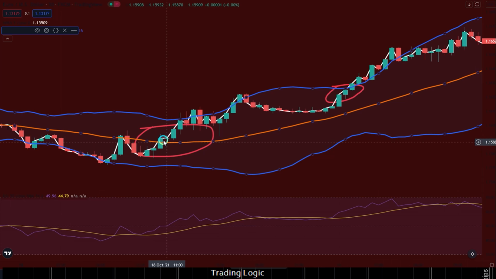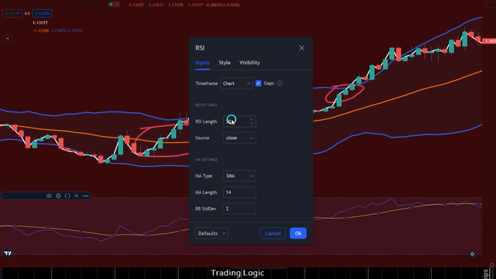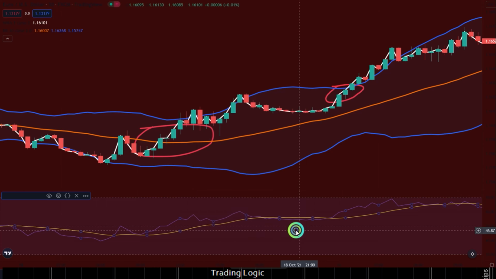You might think, why are we using such strange numbers as periods? It is because if you want to be profitable in these markets, you can't use the same exact periods that everybody else is using. You won't be profitable if you do that.